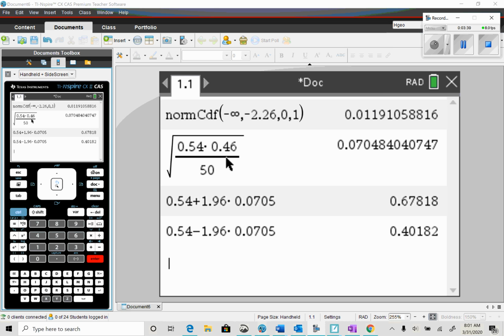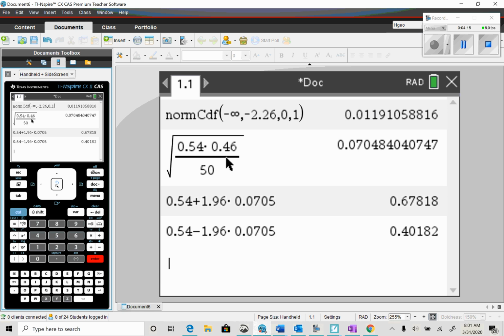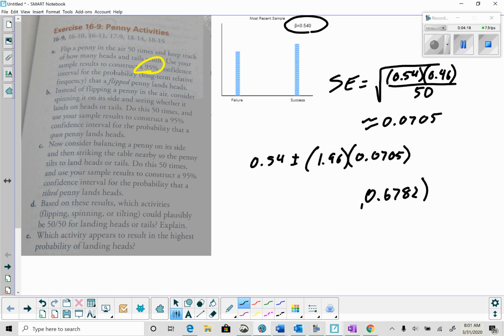And then if I do the same thing, 0.54, but this time subtract 1.96 times my standard error, that's going to give me the low end. So I'm going to say that for flipping a penny, my confidence interval then is 0.6782, that's the high end, and then 0.4018 as my low end.